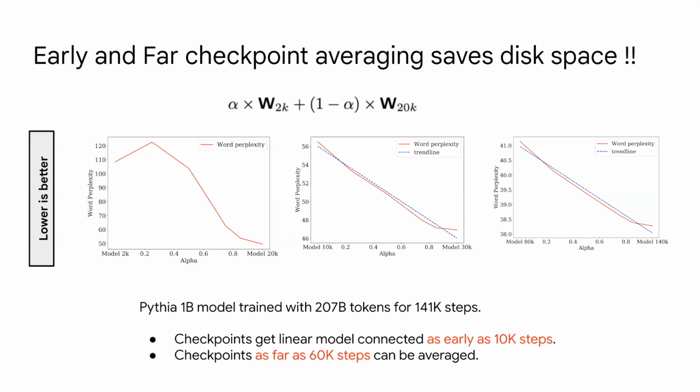But I have results I'm going to show you. This is just the beginning of understanding. I have better results from GPT-2 and Pythia, where I average checkpoints from 21K steps apart for Pythia, and there is another setting for GPT-2, and this varies, but these are early. So the core conclusion that I would like to make, with the support of the next slides, is that we can do early and far away checkpoints in many different models.